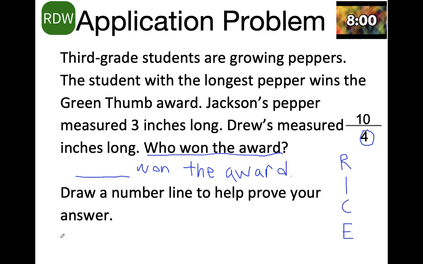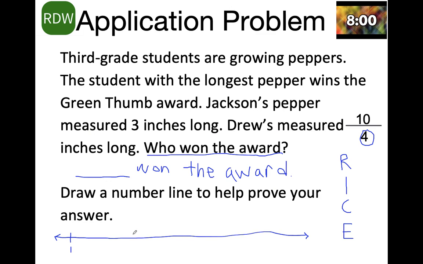So before I show you my number line on the next slide, I do want to just give you guys a clue. You can start your number line at either 0 or 1. I'm going to start mine at 1.